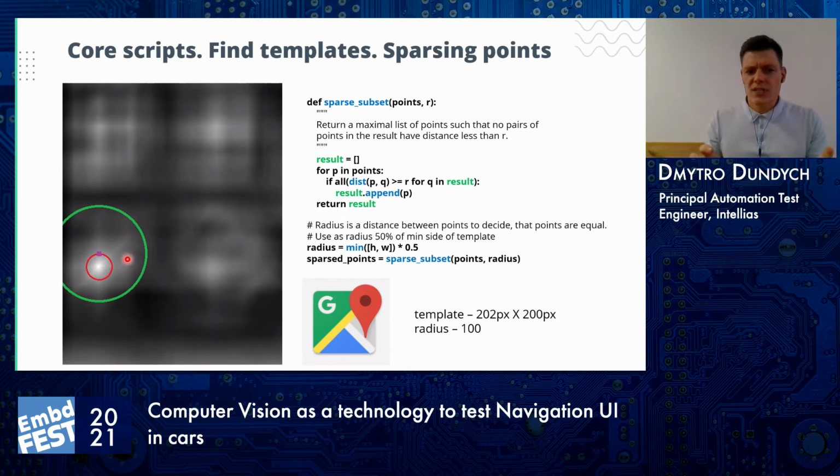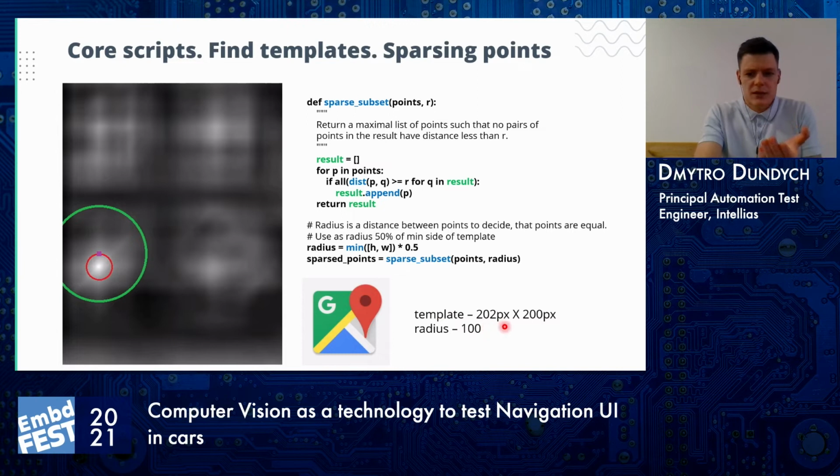So we use point parsing. We just accept some radius, and if all these points that were found are located in this radius, we call it a cloud of points, and we accept that it's the same point. So we choose the radius at half of the smaller side of our template.